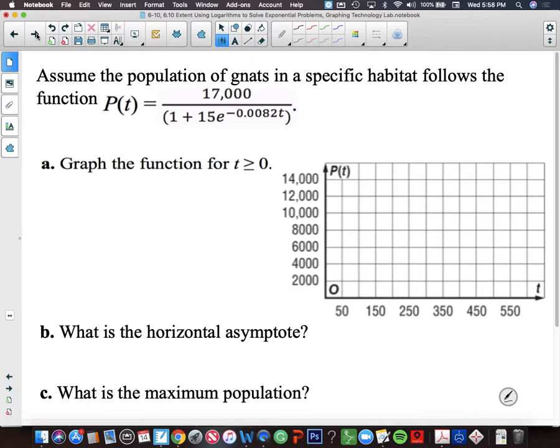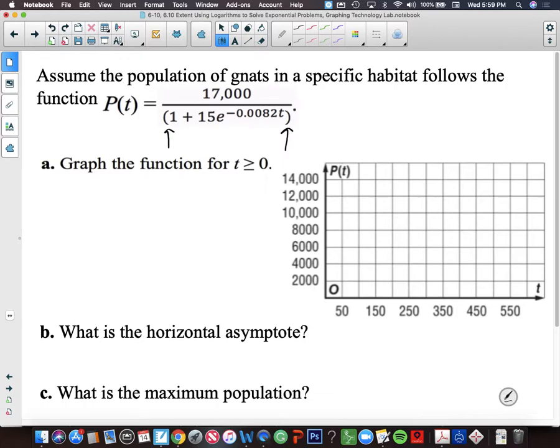When you're plugging it into a graphing calculator, make sure you put the bottom in parentheses like they have here, otherwise it's not going to graph nicely. And even though there's a t in the equation, just use x in your graphing calculator.